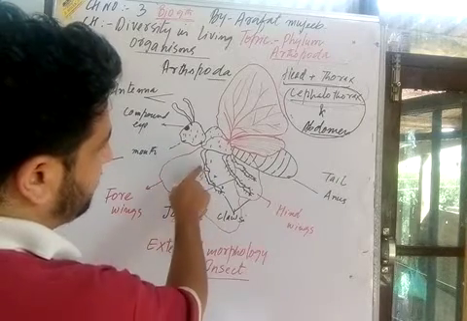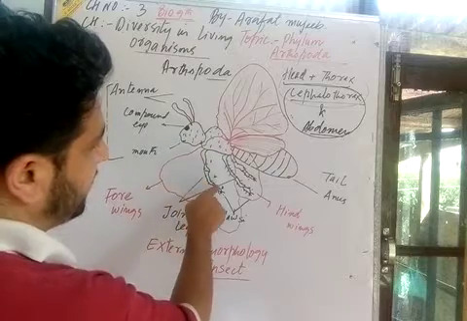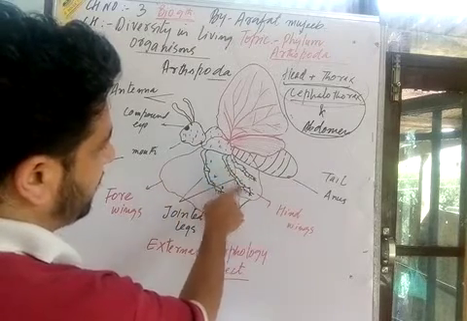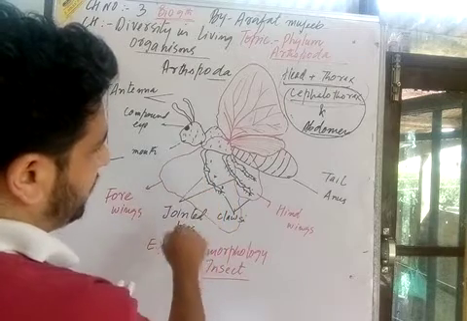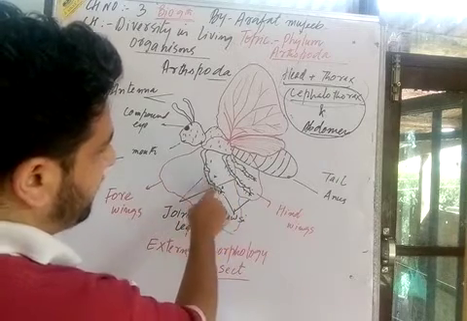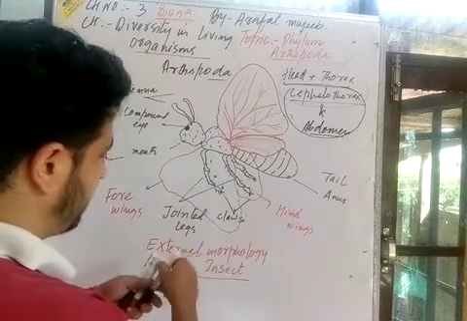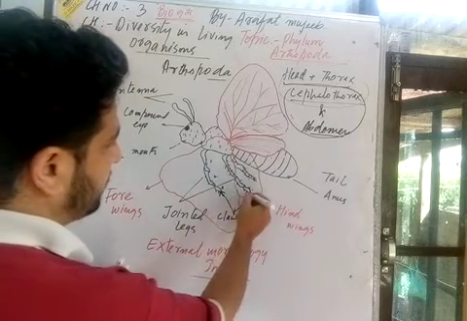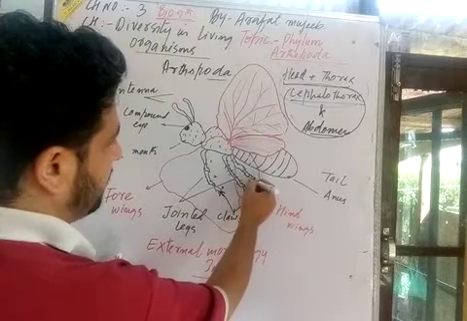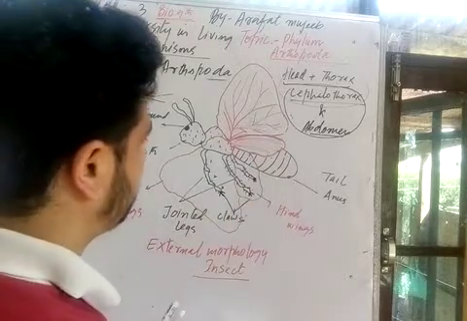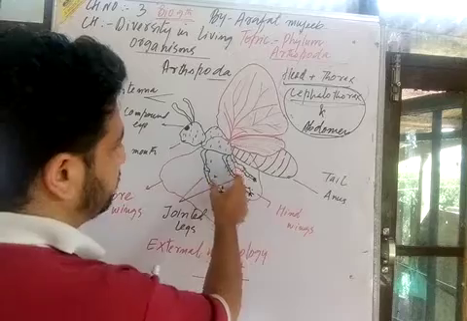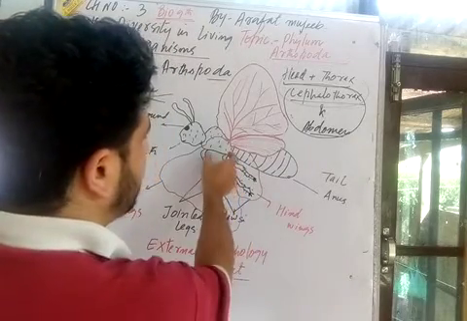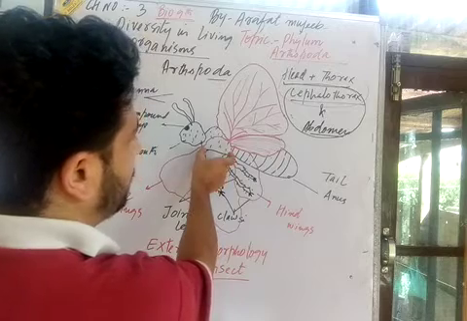If I say that these are the legs, the appendages, you can see they are jointed here. And these appendages bear claws at the end. These are the appendages associated with the thorax part of the body.